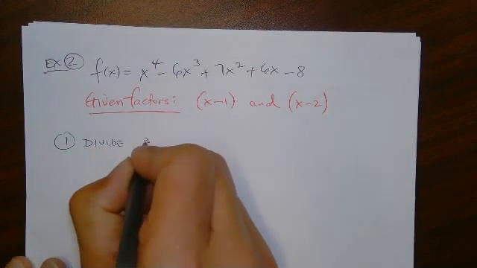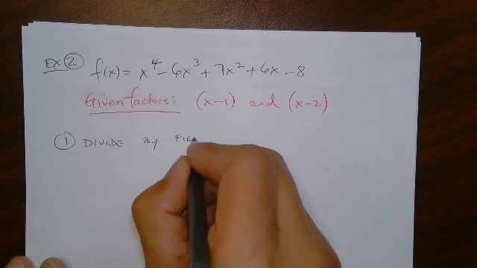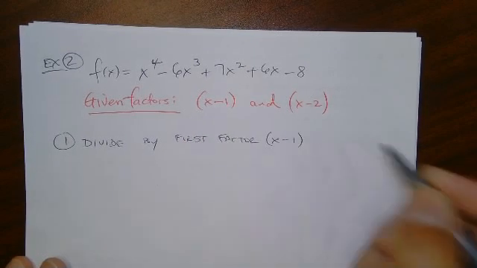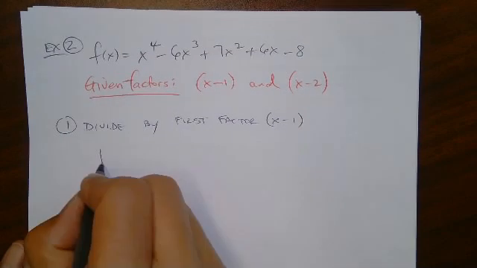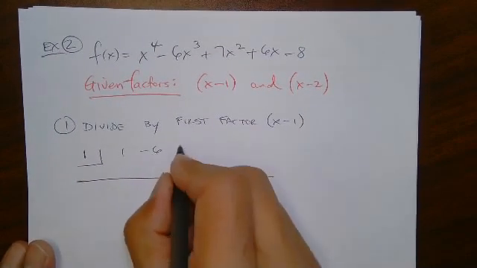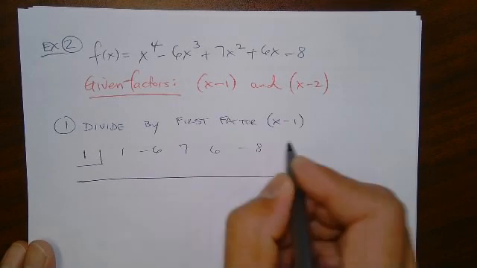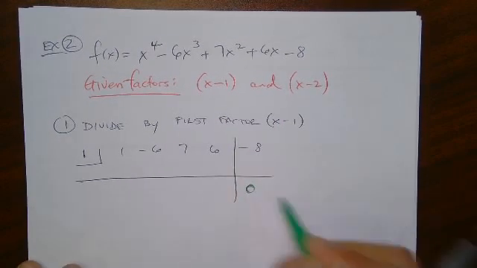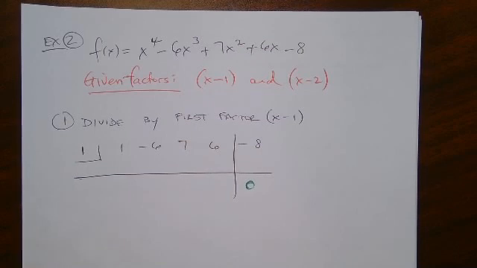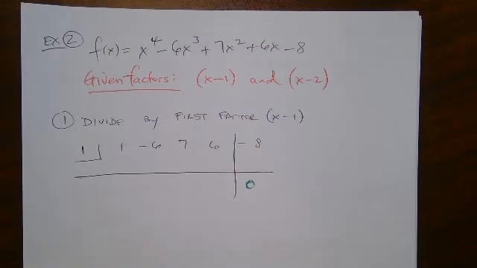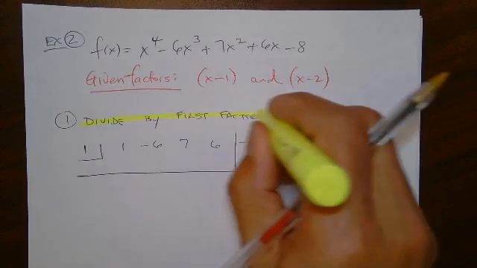All right, so first we're going to divide by the first factor, and that is going to be the x minus 1. So I'm going to do synthetic division with a positive 1: 1, negative 6, positive 7, 6, negative 8. I know it's a factor, so a good checkpoint is I know it's going to give me remainder 0.